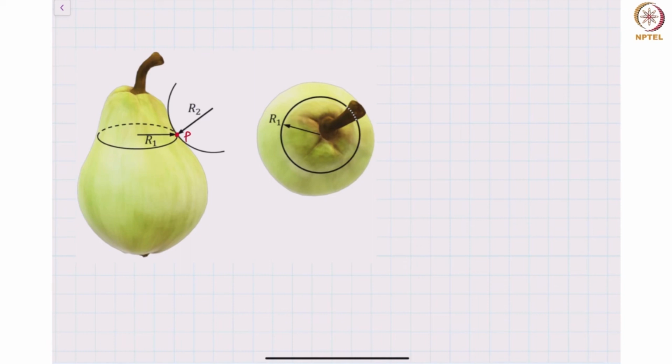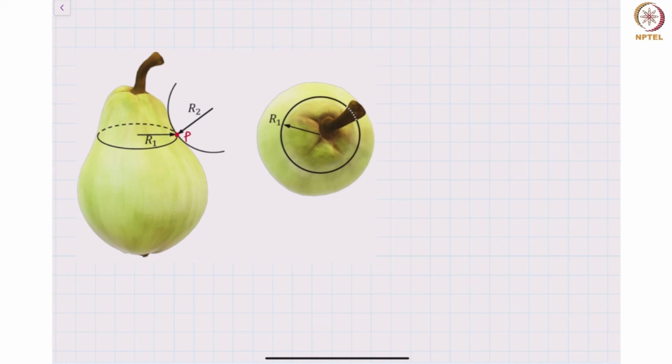Now clearly, I can draw two circles. There is an inner circle of radius R1, and there is an outer circle of radius R2. Clearly in this case, R1 need not be equal to R2 in magnitude.